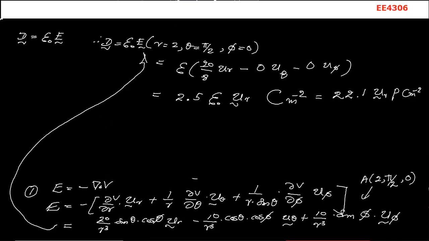Firstly, derive the electric field intensity. Then, with the support of this relationship, just multiply the electric field intensity by the permittivity to compute the flux density vector.